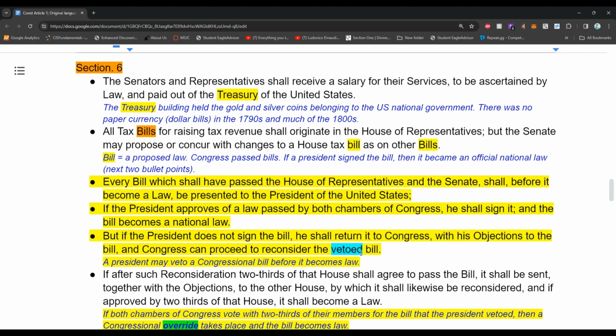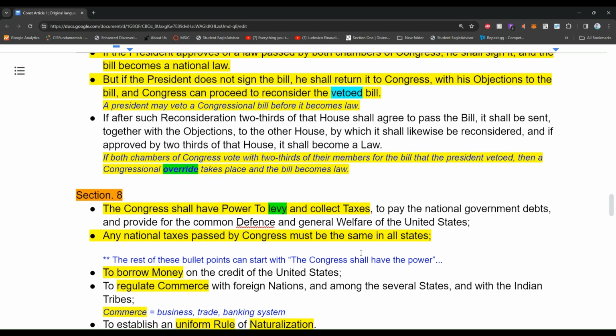They can either not make changes or make changes and then take a revote on it. And if the House and the Senate both vote 2/3 or more against the president's veto, that bill becomes official law. Okay. Sorry if I was a little clunky on explaining that.